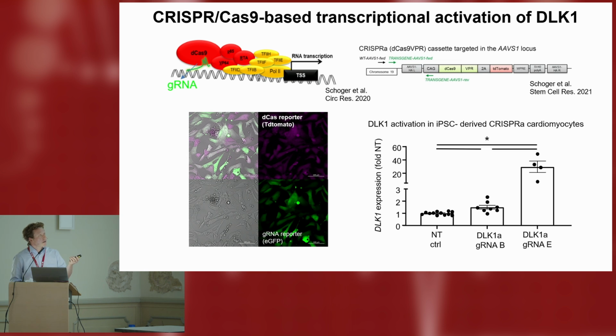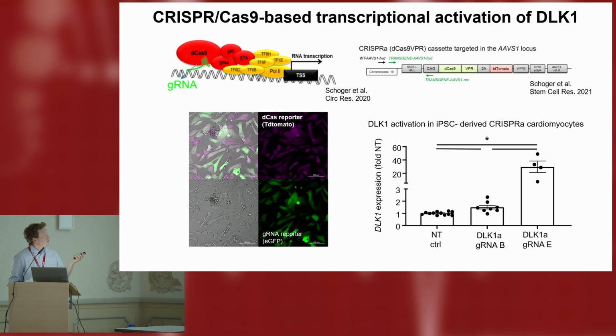So they generated a stable IPS line with an enzymatic inactive Cas9 coupled to a transcription factor complex, or activation complex, thereby targeting those transcriptional activators to promoter regions of the gene of interest. And we use this line and this approach on cardiomyocytes, for example.